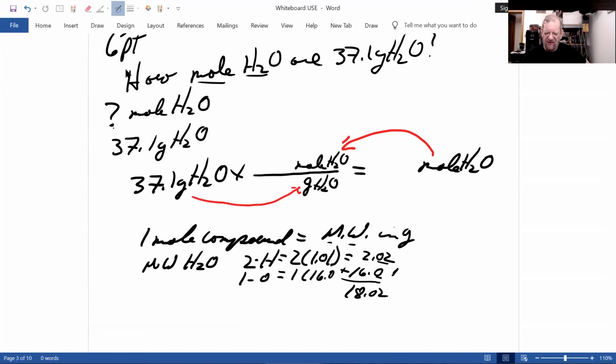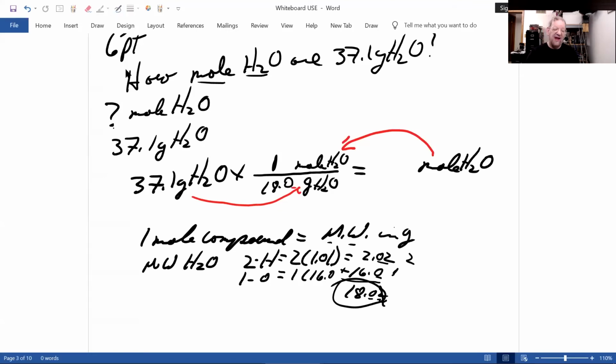This is 1, this is 2, 1 is the lowest, keep the 0. Use 2 to round off. Is that 4 or less? Yes, I drop it. So the molecular weight of water, which we did before, is 18.1. And from 1 mole of a compound, let's call it water, so I can put that up there, is how many grams?